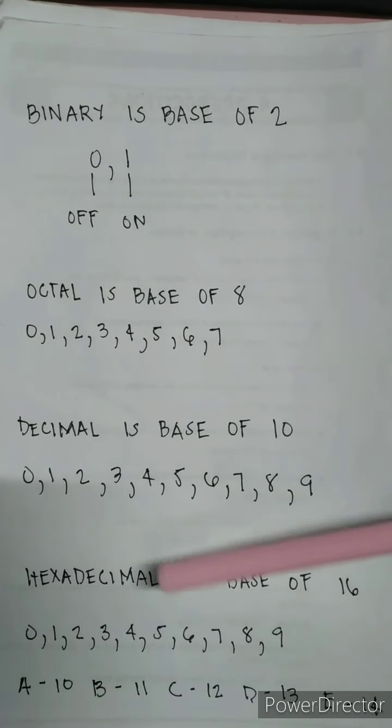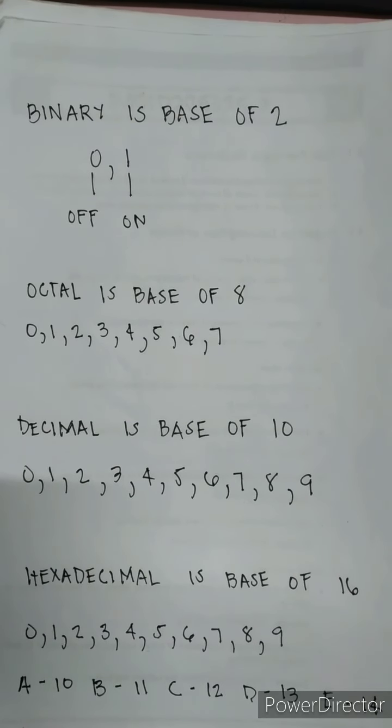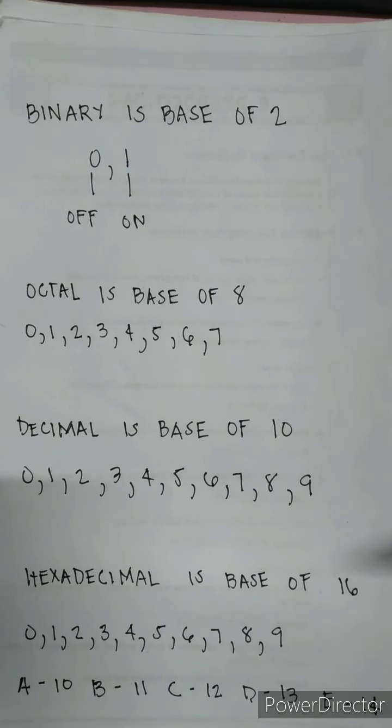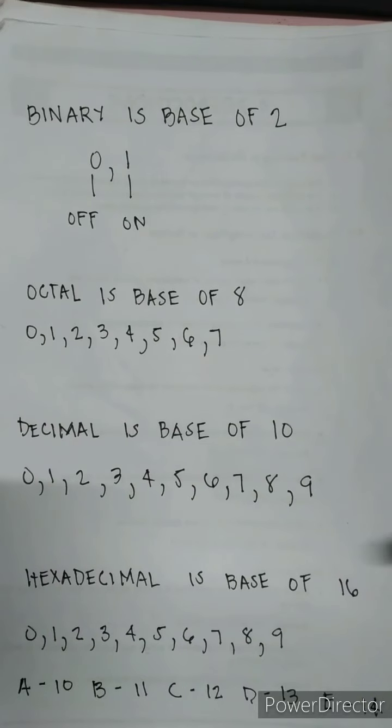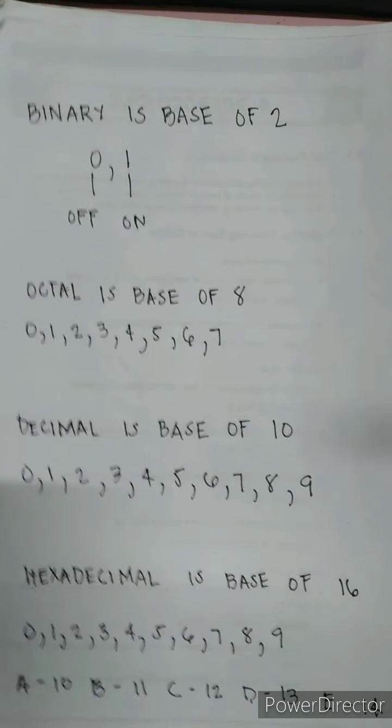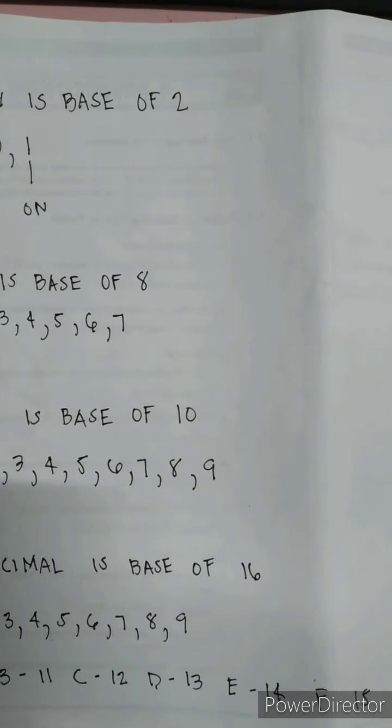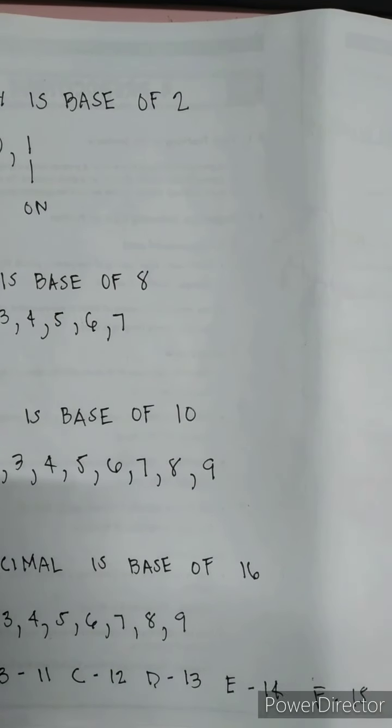The digits here are 0, 1, 2, 3, 4, 5, 6, 7, 8, and 9. Well, in hexa, A corresponds to 10, B corresponds to 11, C corresponds to 12, D corresponds to 13, E corresponds to 14, and the last is F, which corresponds to 15.